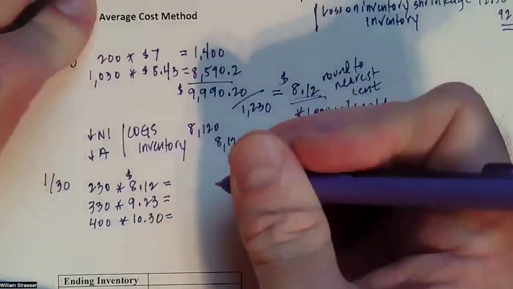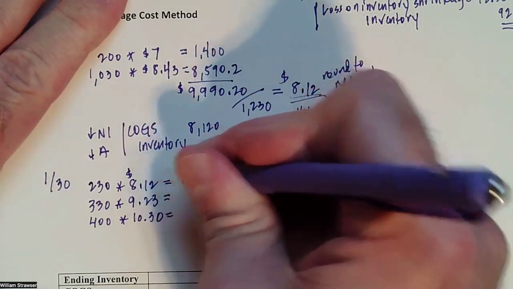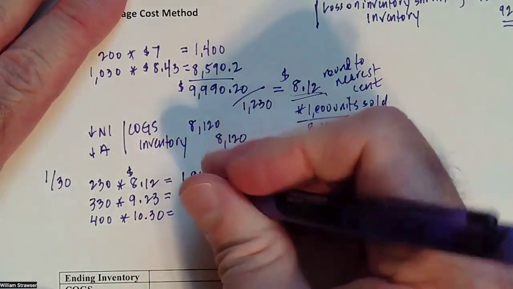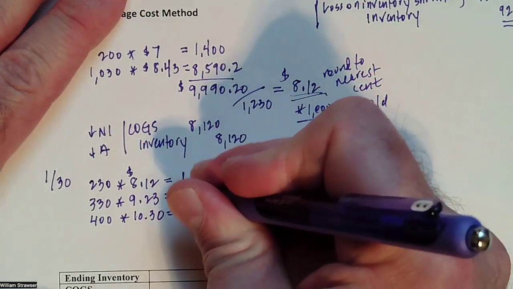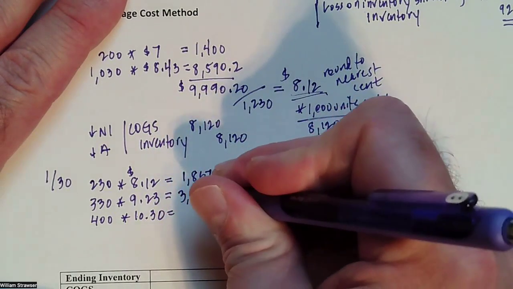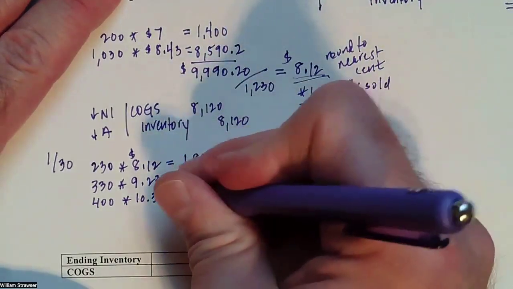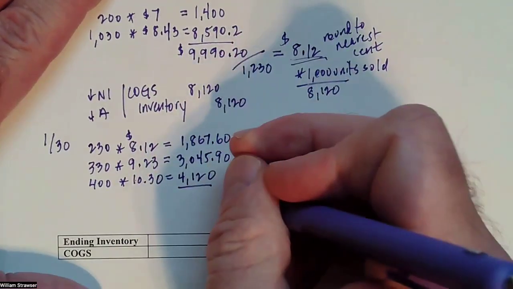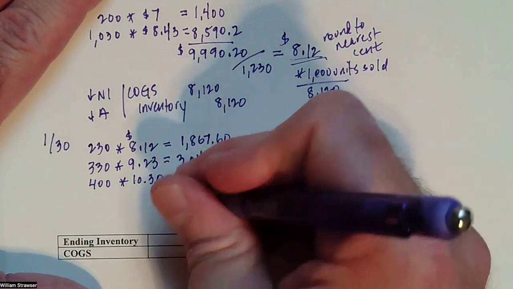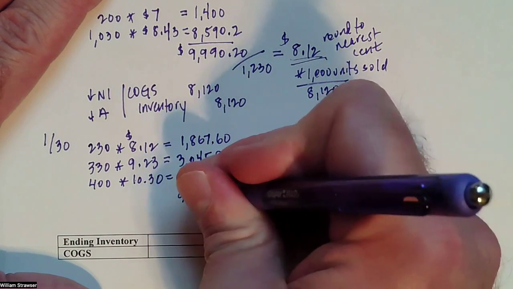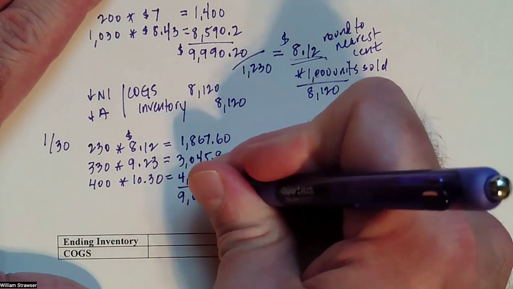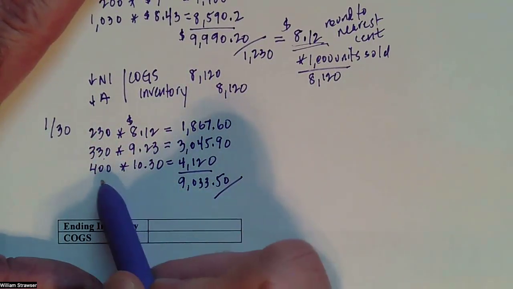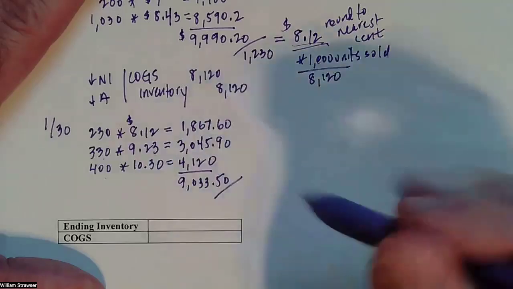I do the math on these guys. 1,867 and 60 cents. 3,045 and 90 cents. 4,120 dead on. All those added together give me 9,033 and 50 cents. And now we have to say, how many units is this based on? It's based on 230, 330, and 400. So that is in total.